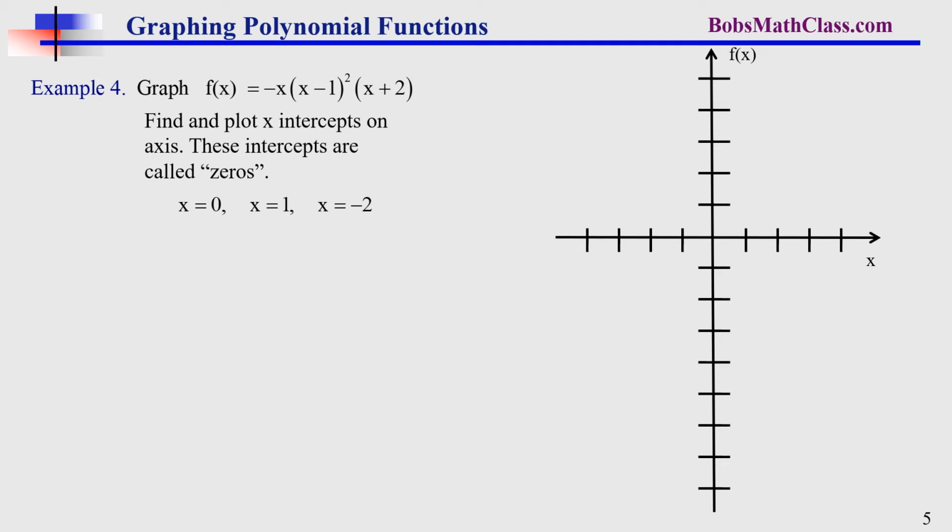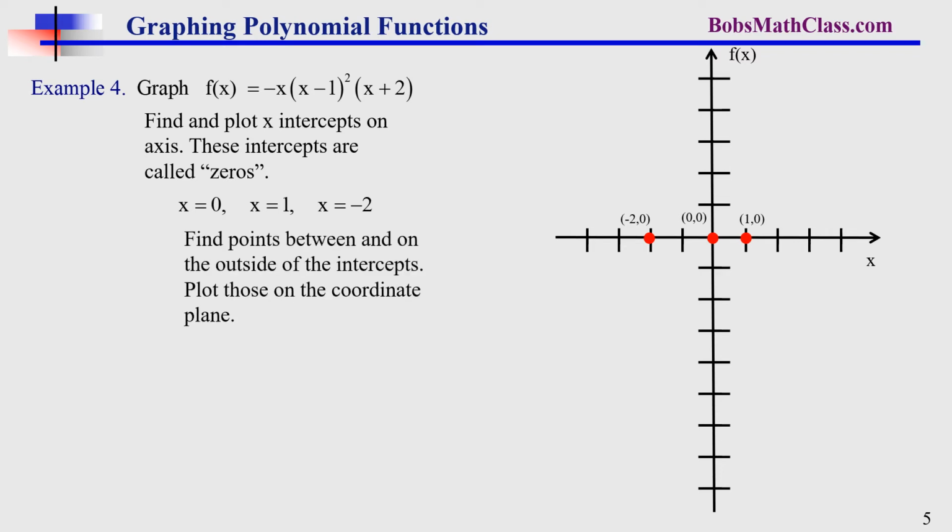So let's put our 3 red dots for our points on our graph: one at 0, one at 1, and one at -2. There we go. Okay, let's make our table. Now we're going to pick a number to the left of -2, maybe -3.